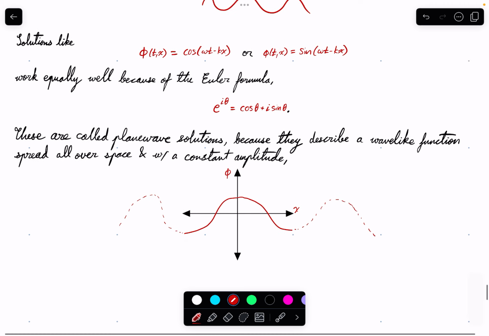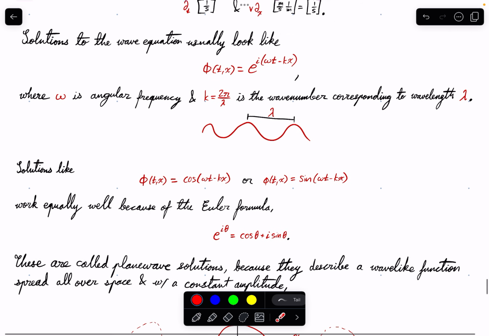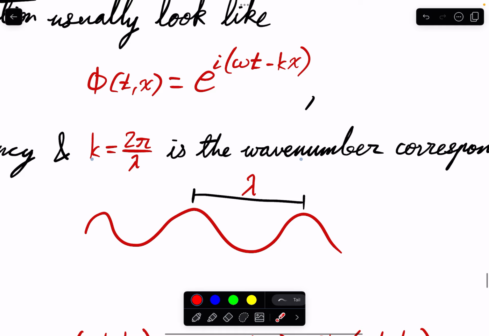Now let's look a little bit at the relationship between this omega and this k, so the angular frequency and the wave number.